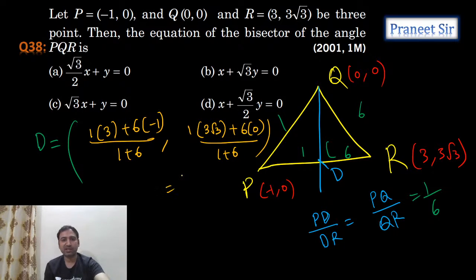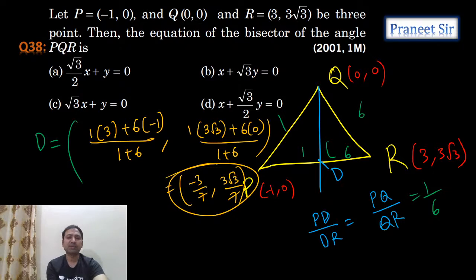So tell me, what is this point, guys? Is it -3/7? Is it 3√3/7? So compulsorily the angular bisector should pass through this point, guys.